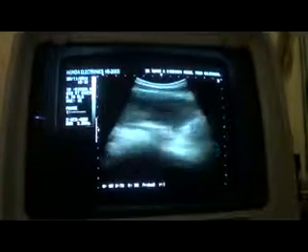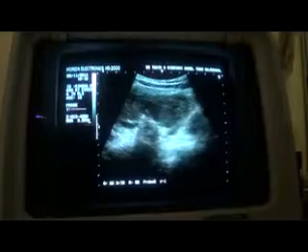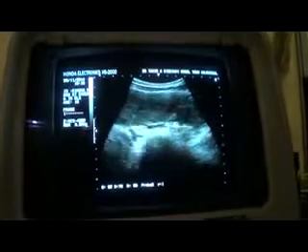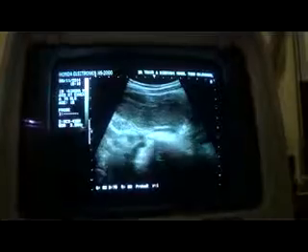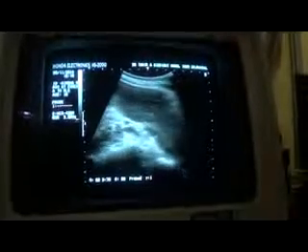But the left side extension of the mass ends just above the suprapubic area on the left side, whereas the mass on the right side extends up to the lower abdominal quadrant. This is the larger part.